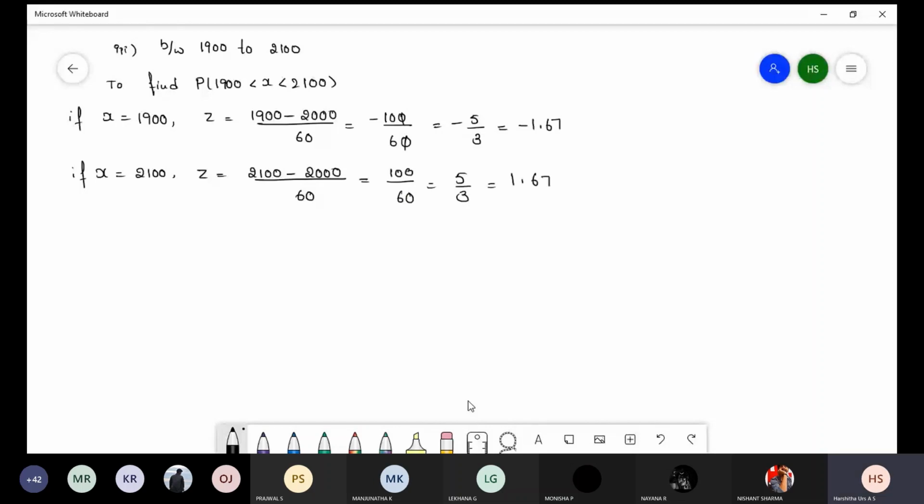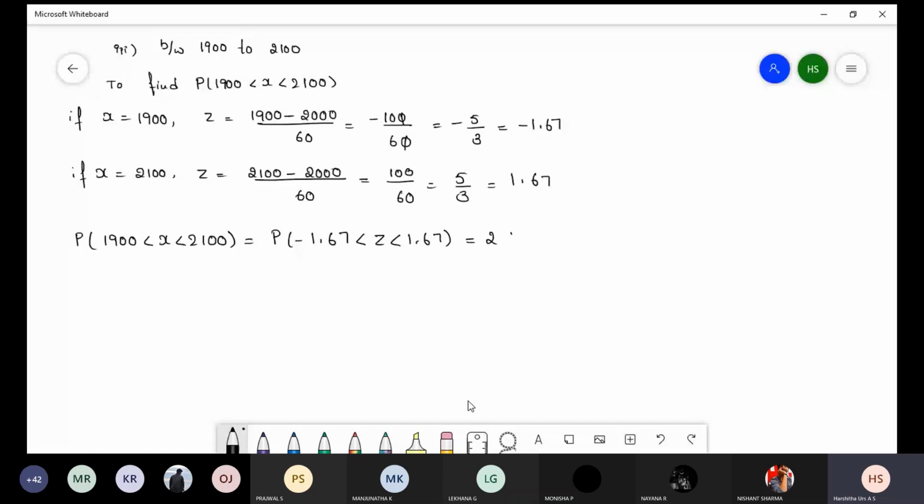Now P of 1900 less than x less than 2100 is equal to P of minus 1.67 less than z less than 1.67. Use the symmetric property: 2 into P of 0 less than z less than 1.67.